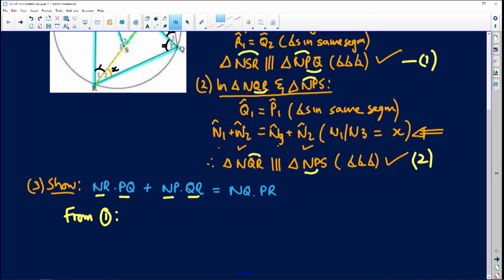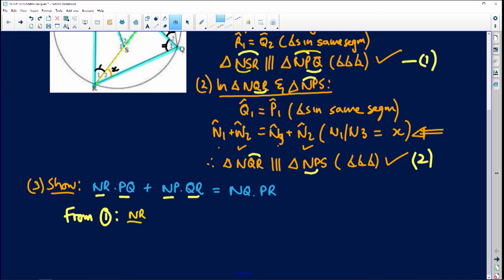Now, if we look for where is PQ over NQ equals SR over NR. Okay, so I'm looking for what I've got over here. Okay, so my first one that I can pull off is NR over NS. NR over NS is NQ over NP.